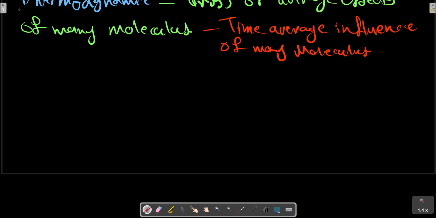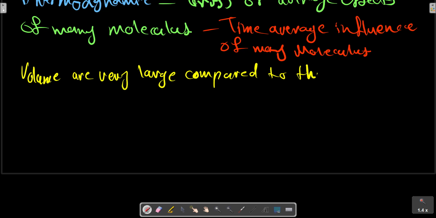From the macroscopic point of view, we are always concerned with volumes that are very large compared to molecular dimensions, and therefore with systems that contain many molecules.